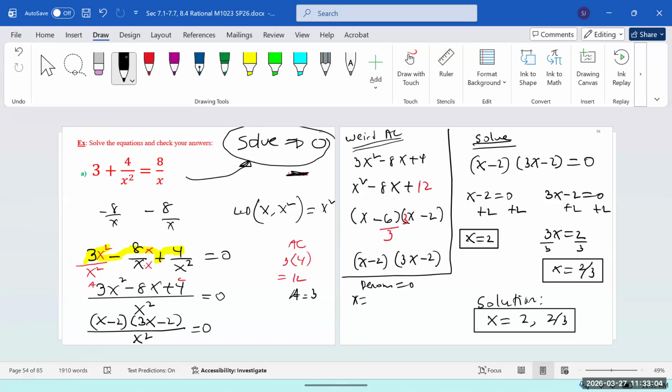X equals 0. That means we cannot have 0 as our solution. Luckily, we don't have 0 as a solution. But sometimes we have the denominator as our solution, and that's why you have to check. What makes the denominator 0? We cannot have them in our solution. We call them extraneous solutions, whatever makes the denominator 0.